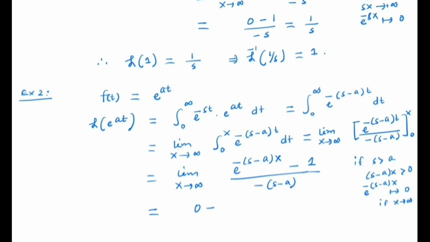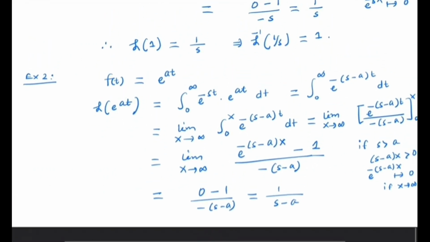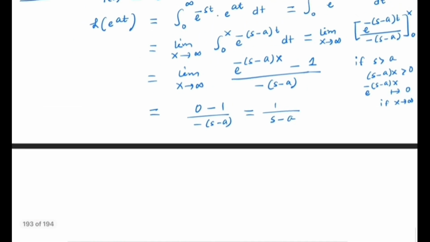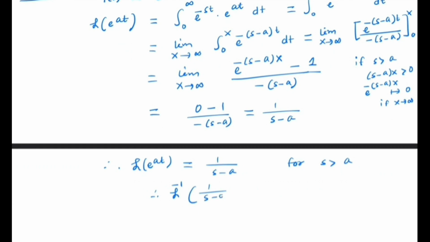So this limit will be 0 minus 1 by (s minus a), so it will be 1 by (s minus a). So we get the Laplace transformation of e power at is 1 by (s minus a) for s greater than a. So the inverse Laplace transformation of 1 by (s minus a) is nothing but e power at.